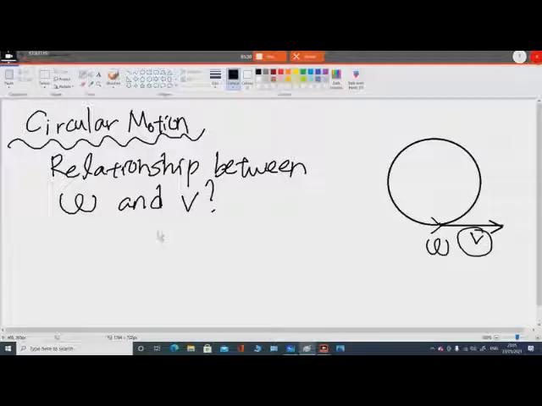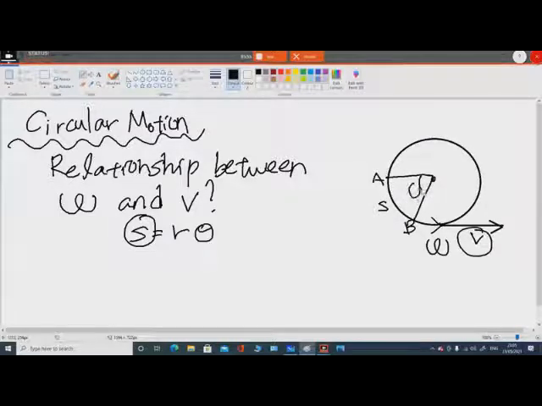As we know, s is equal to r theta, where s is the displacement when we move from one point to another on this circular track. So this is A and this is B, and this is our displacement from A to B. This is the angular displacement theta as I mentioned just now, and this is our r, the radius of the circle. Let me erase this.